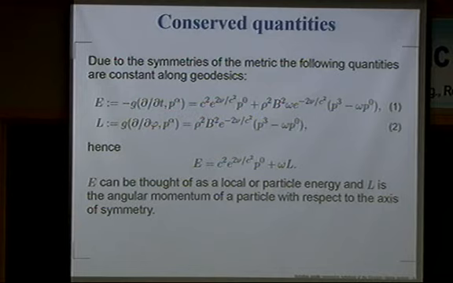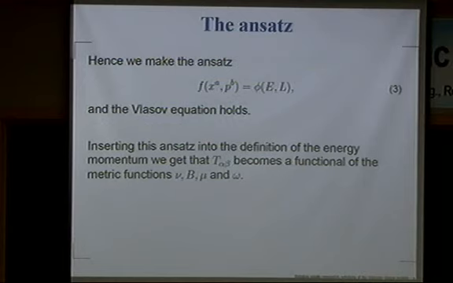So the E here is the local particle energy, L is this angular momentum, and then you can, exactly as in the Vlasov system, make an ansatz. So if you now say that, okay, let's take any kind of function phi here, which depends on those two quantities E and L, then automatically the Vlasov equation holds.